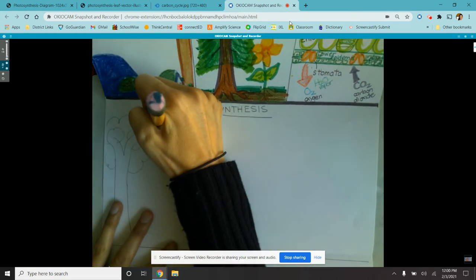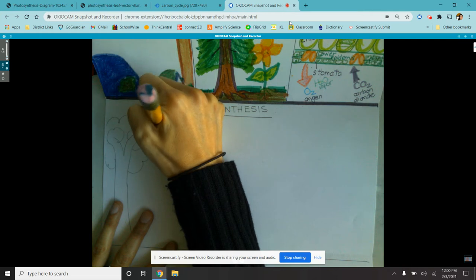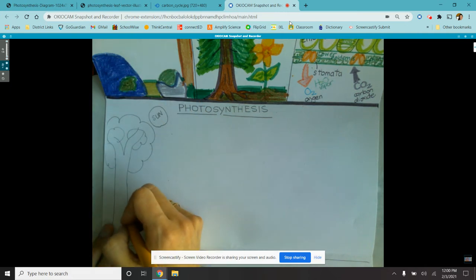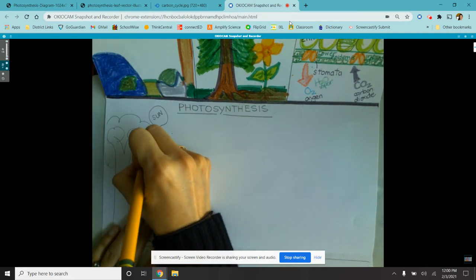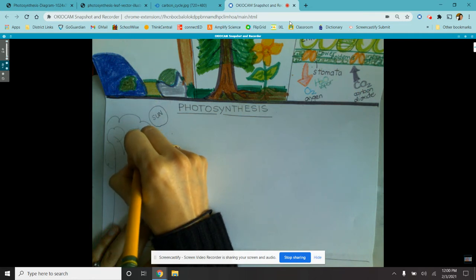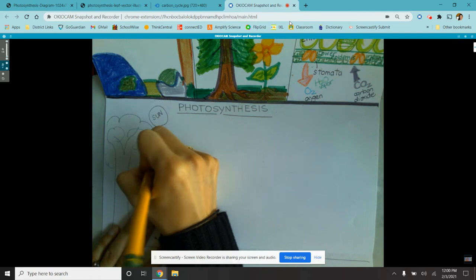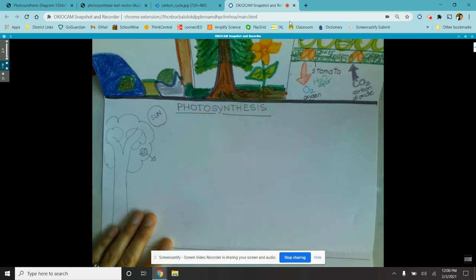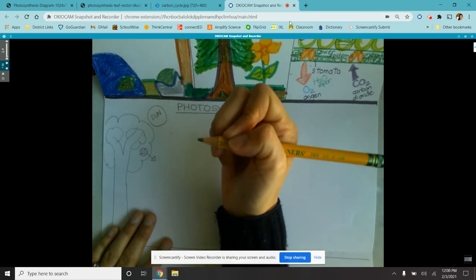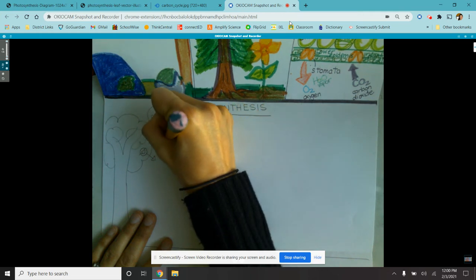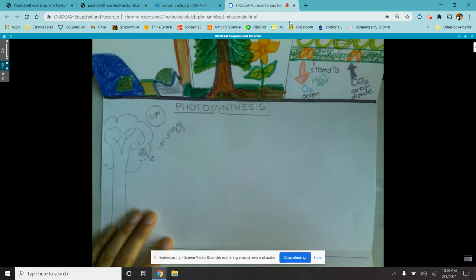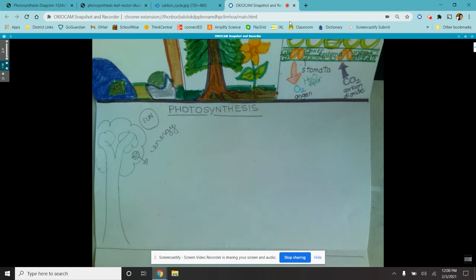We have our powerhouse for our planet, sun. And within this tree, one little leaf, right? And we're going to show what happens inside that one little leaf. Energy comes from the sun, and when we color, we'll put sun rays in our energy.